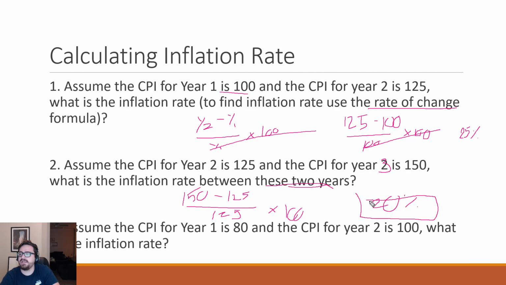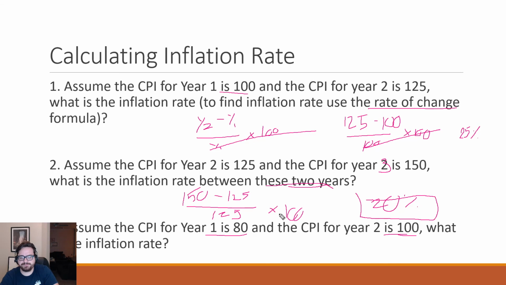That's where you can get caught. You don't ignore this inflation rate formula. You don't have to use it if you're comparing to the base year, because of that 100 thing. But if they're having you compare any 2 years, you do need to do year 2 minus year 1 over year 1 times 100.